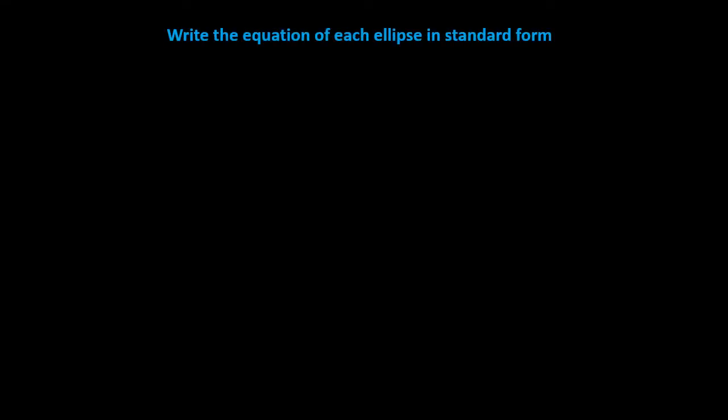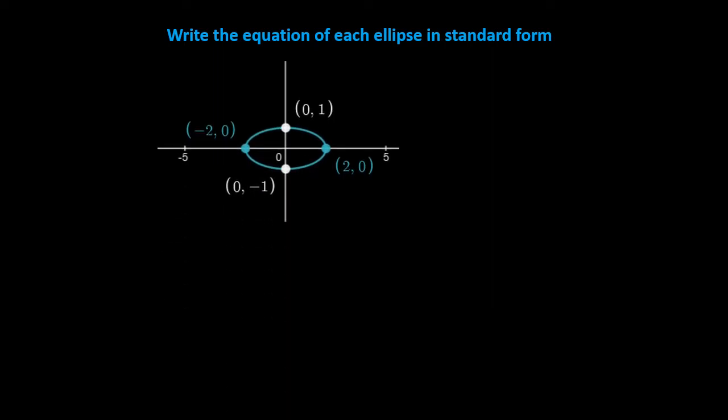Now let's practice writing the equation of an ellipse in standard form. If I look at my case, I notice the major axis is horizontal. So my a squared is 4 and my b squared is 1, and always in this case, a squared is located under x squared. Therefore, the equation is x squared over 4 plus y squared over 1 equals 1.